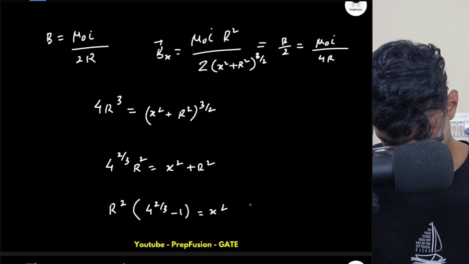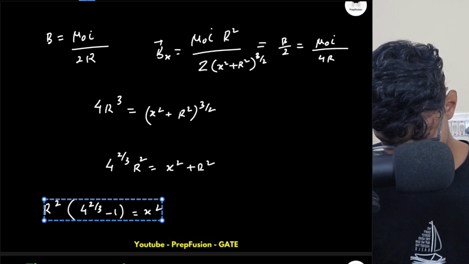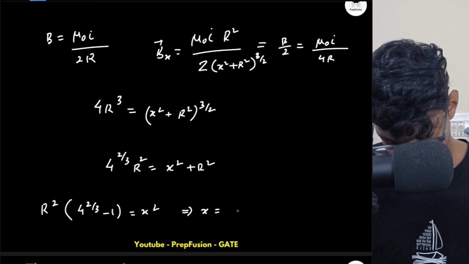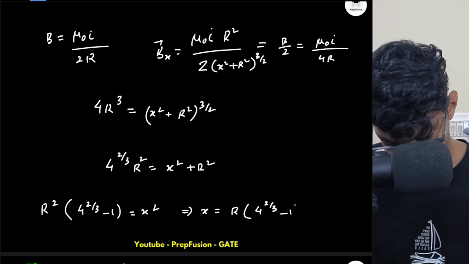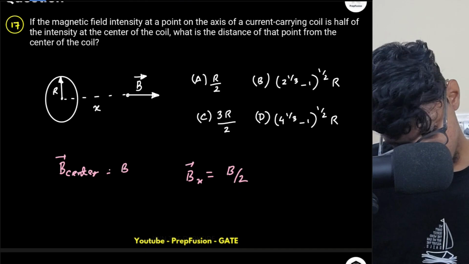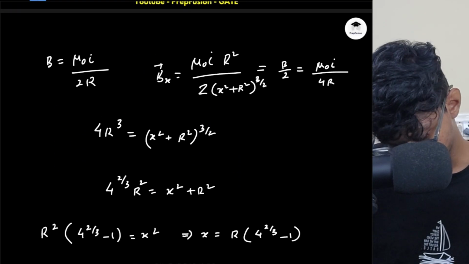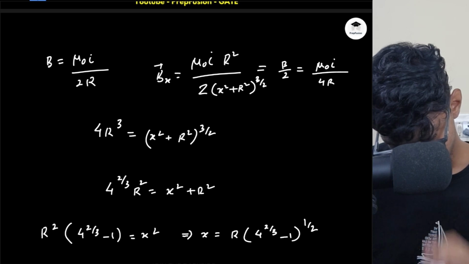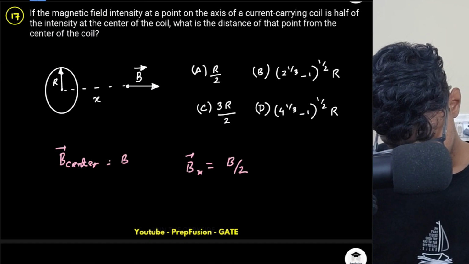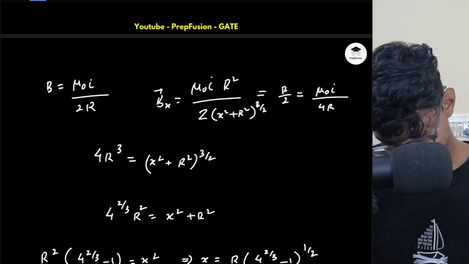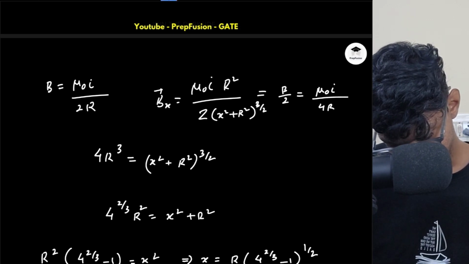Now for x, I will take the square root of this thing. So x will be r times the square root of (2 to the power 2 by 3 minus 1). Why is it 1 by 3? Am I doing something wrong? This is 1 by 2 only. Just wanted to quickly check what I am doing wrong here.